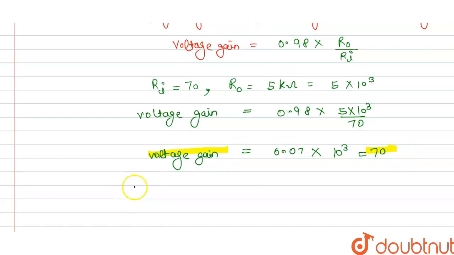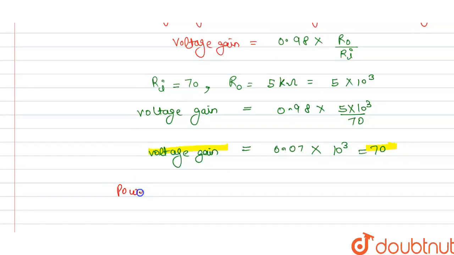Now we can find the power gain. As we know, power gain is equal to current gain multiplied with voltage gain.